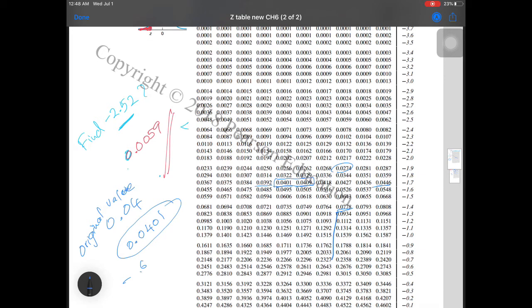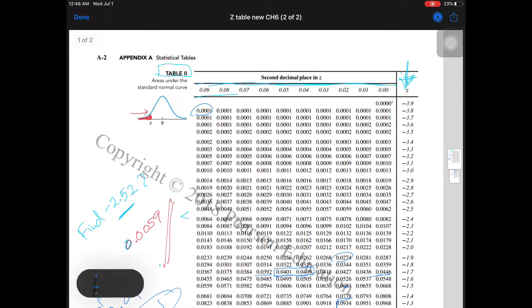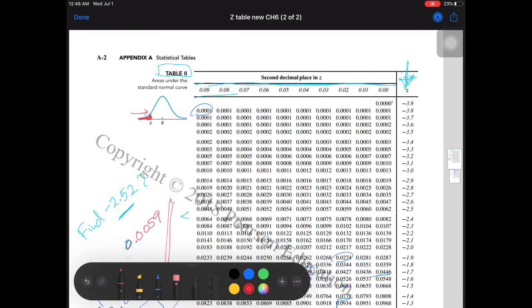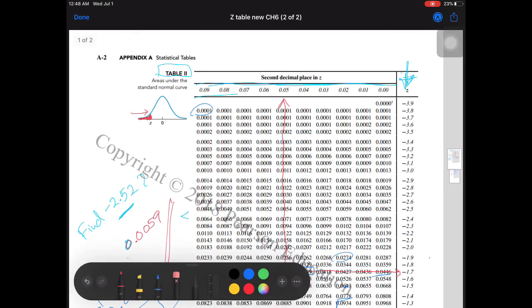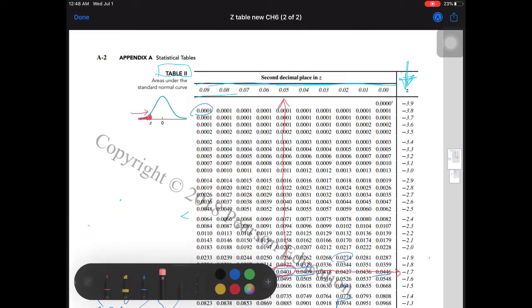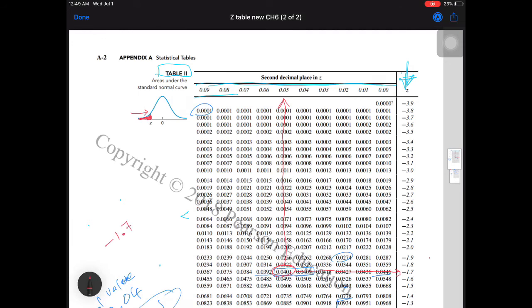It belongs to 0.04. Which means for this one, go straight and find the Z value, and go up and find the column value. So it belongs to negative 1.7. Always first read the row value, negative 1.7, and this value 0.05.